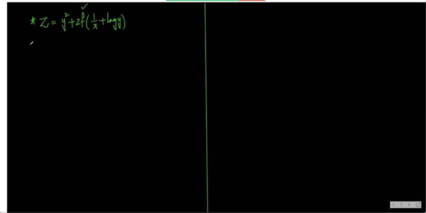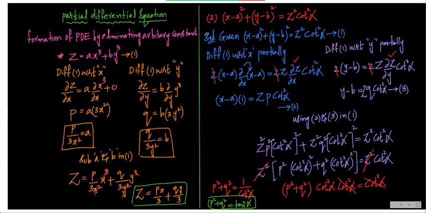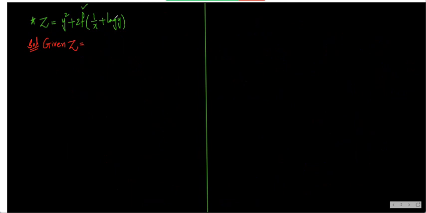Solution. Step number 1: z is equal to y square plus 2f of (1 by x plus log y). See what's the difference between the previous questions and this question. In the previous question we had to eliminate the arbitrary constants a and b, and now in this question we don't have any a and b.